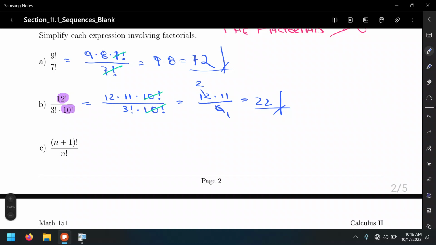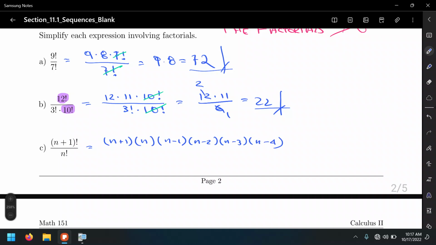The numerator. So we need to expand n plus 1, that's going to be n plus 1, times n plus 1 minus 1, which is n, then it would be n minus 1, and then n minus 2, n minus 3, n minus 4, etc. We would be subtracting one integer to every factor that we have.